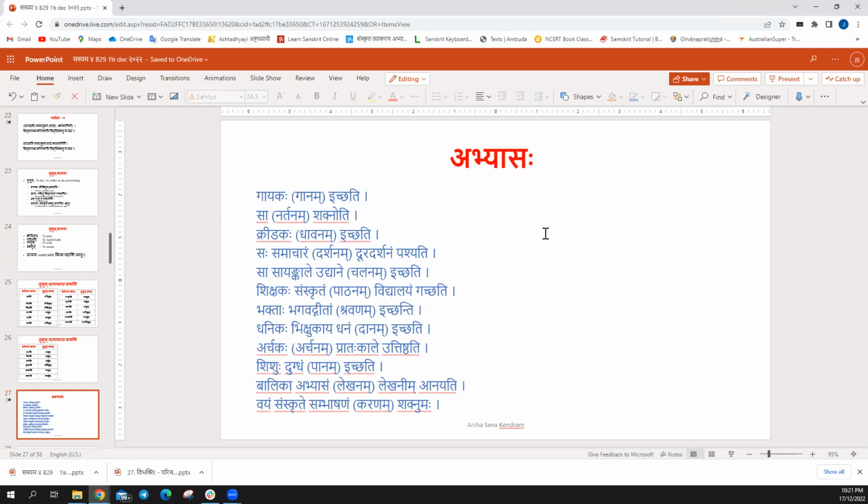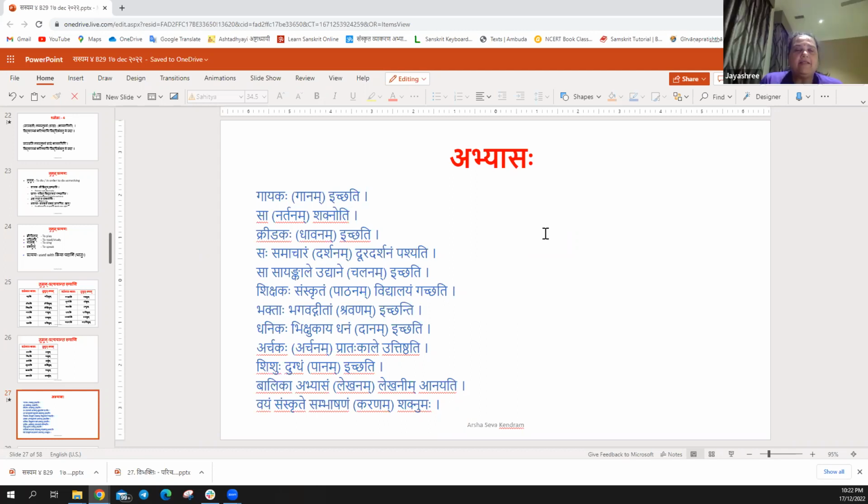He is watching news on the television. What you said is right, but because this is a tuman pratyaya, drashtum has come. So what's the exact translation? He wants to watch the news, or he's going to watch the news on the television.